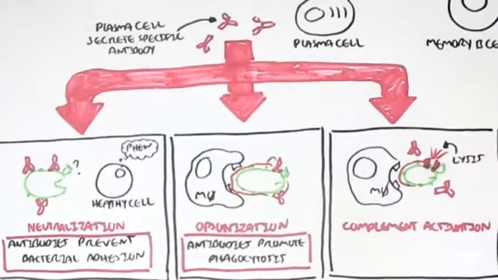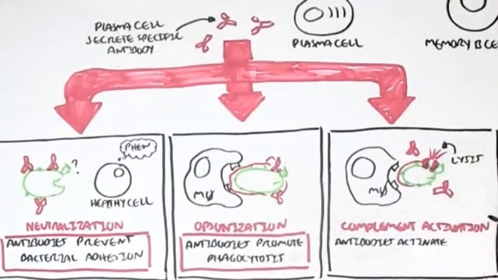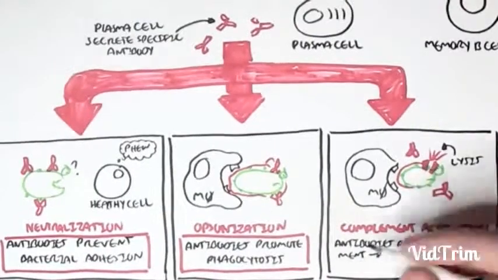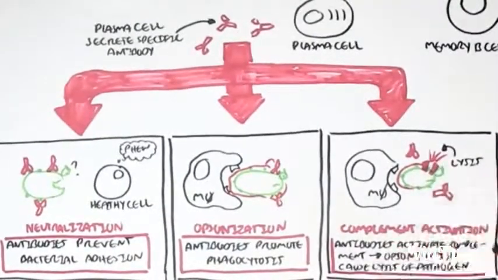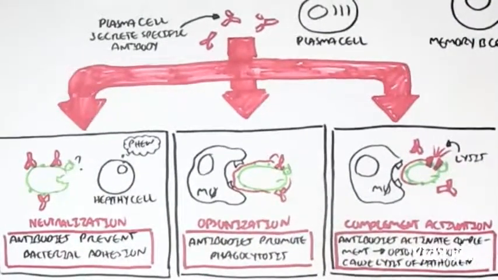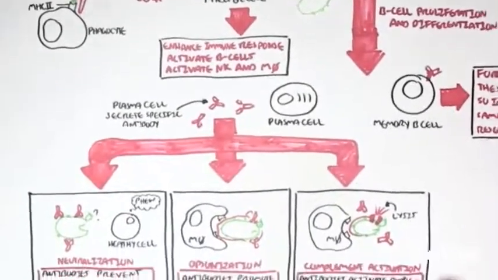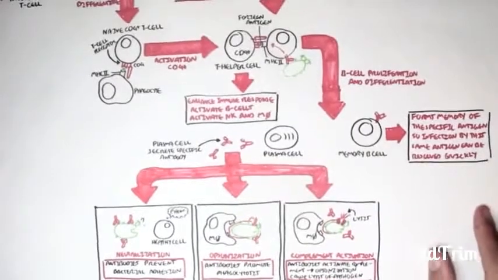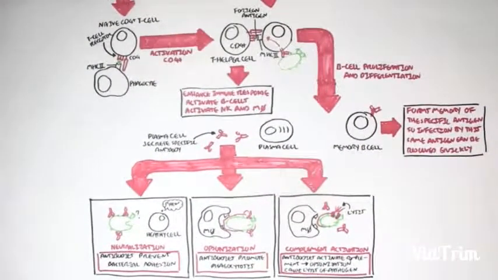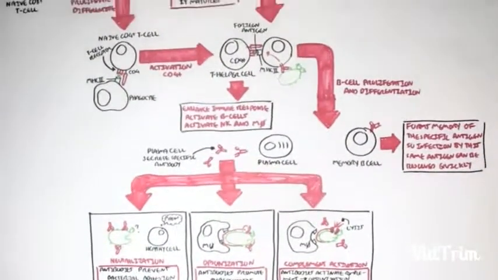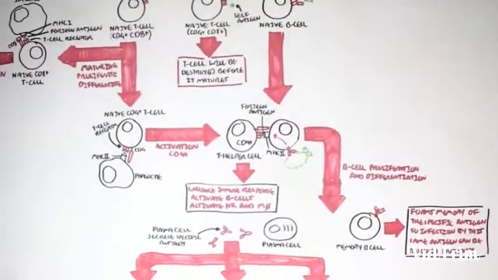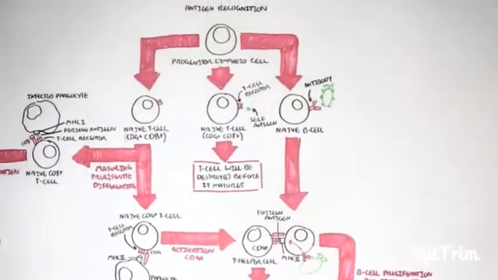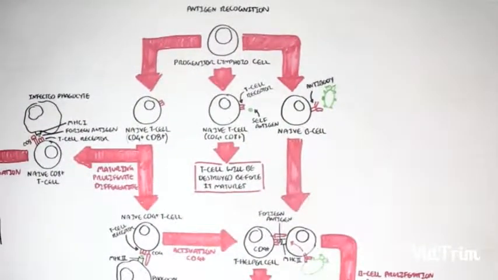So antibodies activating complement can opsonize a pathogen and also cause the pathogen to lyse, to self-destruct, to burst. And that was the function of antibodies secreted by plasma cells. What I just drew was an overall picture of how the CD4 and CD8 T cells become activated and how the naive B cell also becomes activated.